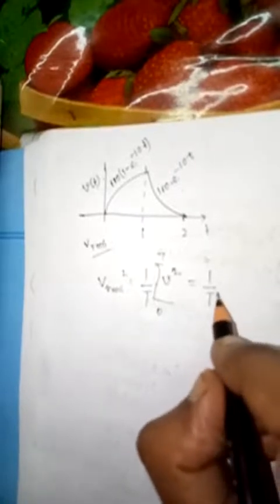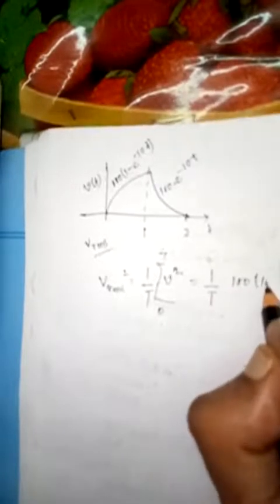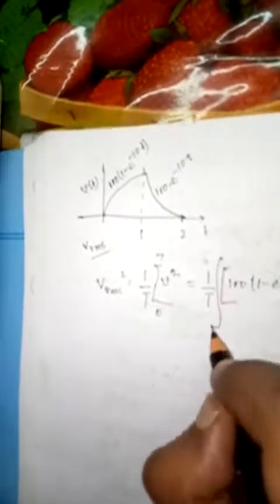So the output is 1 by T times V square. First of all, that is 100(1 - e to the power minus 10t), whole square dt, integrated from 0 to 1.